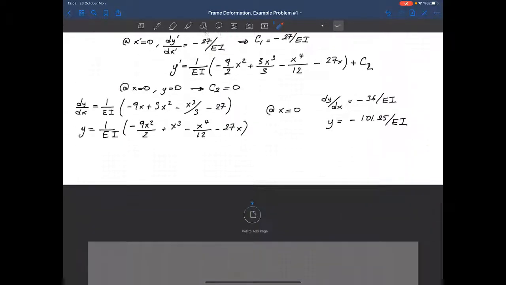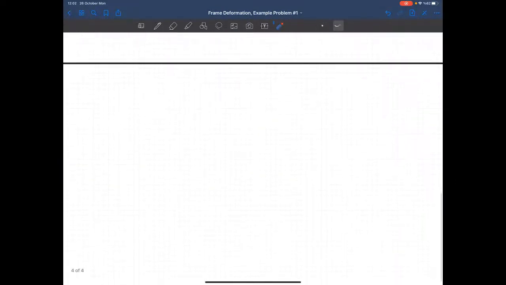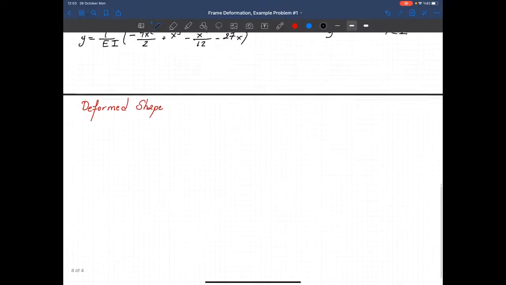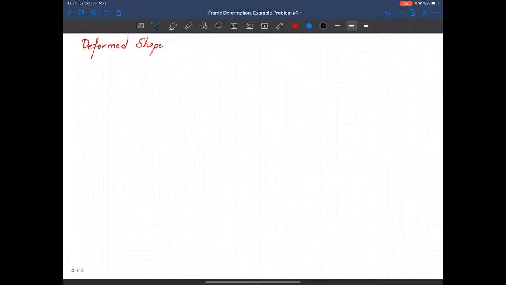Now let's, as a final step, draw the deformed shape. So originally the structure is like that. That's the undeformed shape, right?